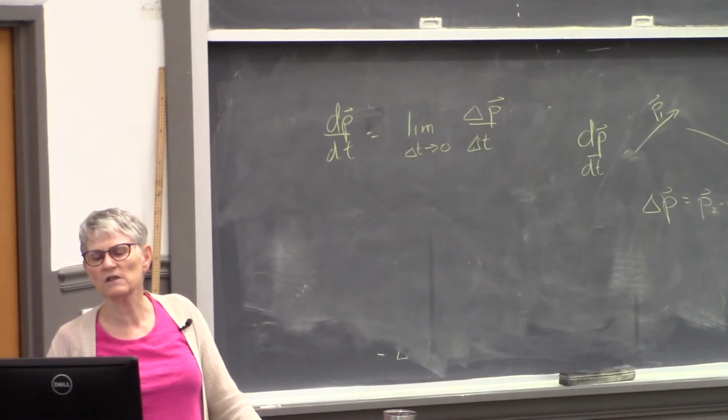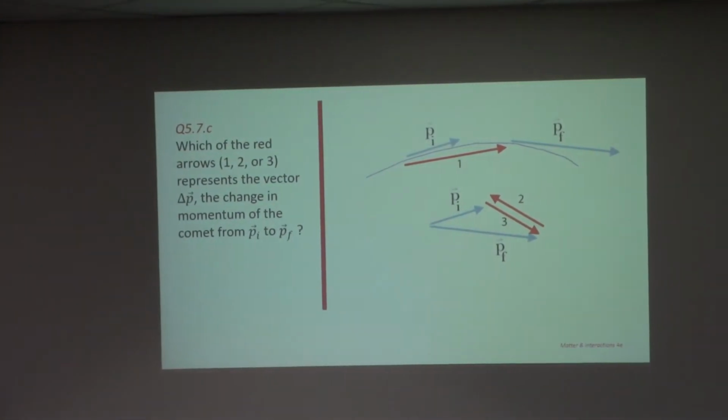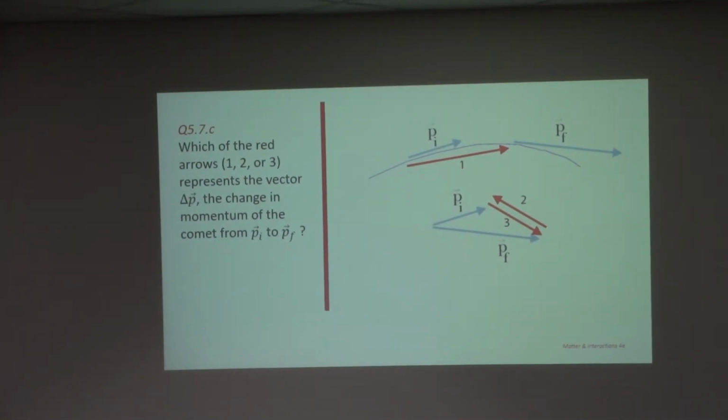So here's a more interesting one, although subtracting collinear vectors is actually always a little mind-bending. We have an object traveling along an arc, so it's curving, and curving motion is something that we're interested in. And so we want to find the delta p here, the change in momentum of this comet from the time it has momentum p1 to the time it has momentum p2.